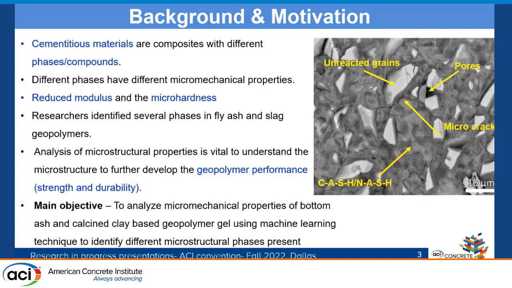Analysis of these microstructural properties is vital so that we can understand these phases and further develop the geopolymer performance in terms of its strength and durability. So the main objective of my study was to analyze these micromechanical properties of the bottom ash and calcined clay based geopolymer gel using machine learning, and trying to identify what are the different microstructural phases present in it.